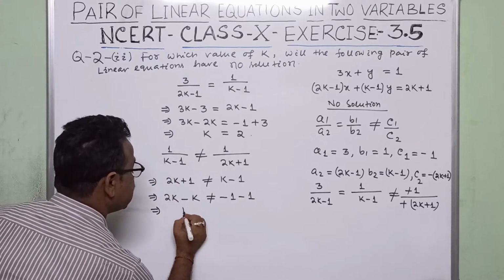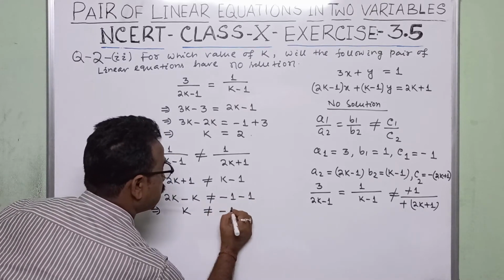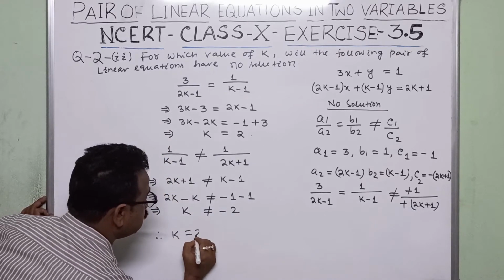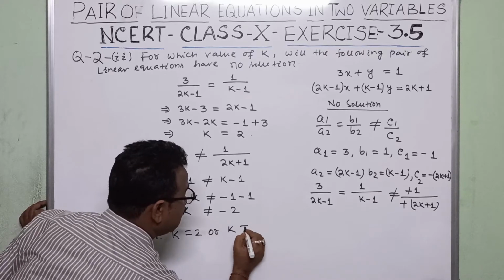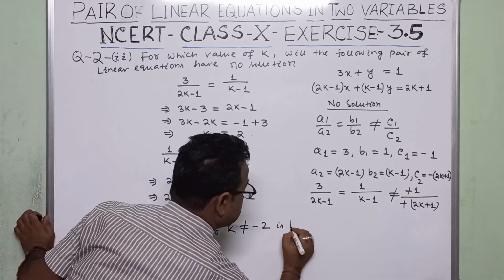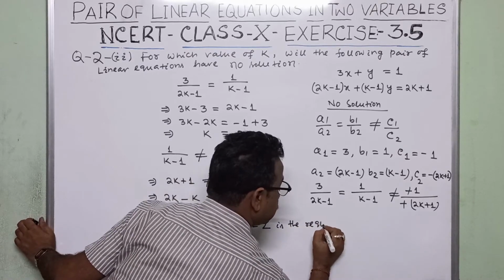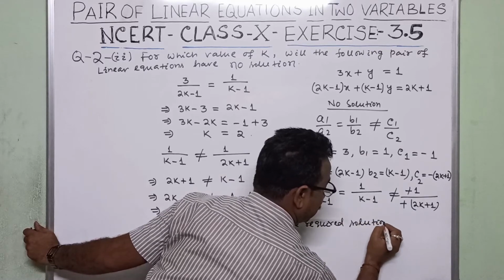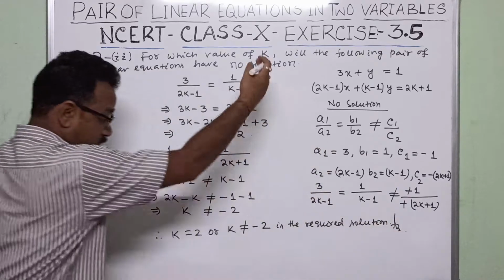That implies k not equal to minus 2. Therefore, k is equal to 2 or k not equal to minus 2 is the required solution. So note it down.